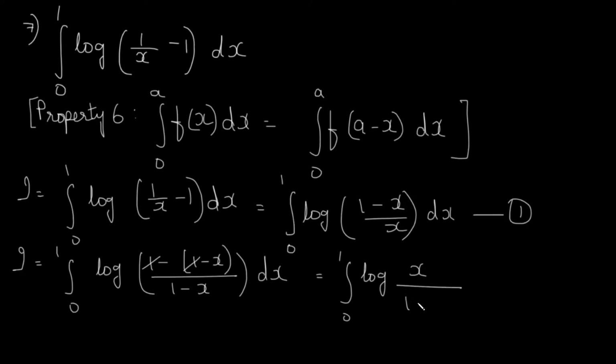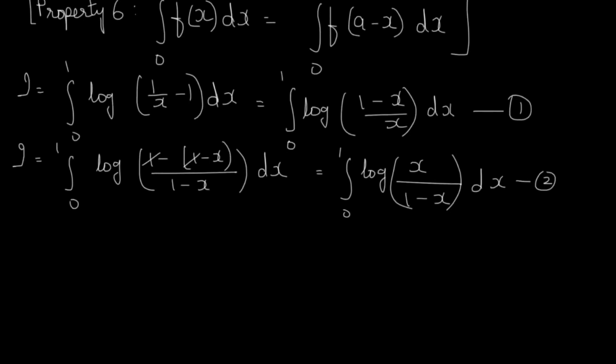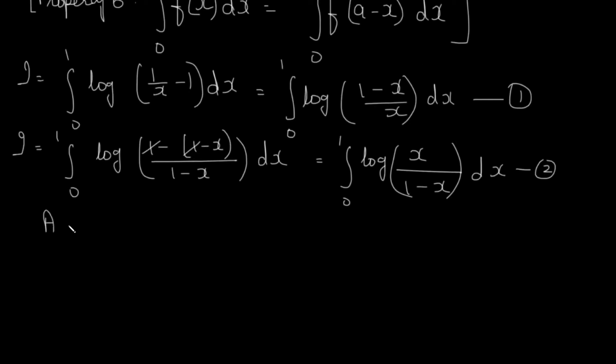So x upon 1 minus x dx. Okay, so this becomes our second statement. So first statement and second statement, just like we did in the previous sums, we are going to add both the terms. So adding 1 and 2.